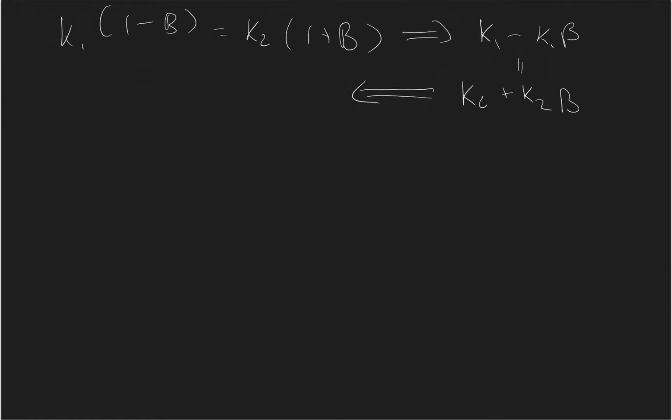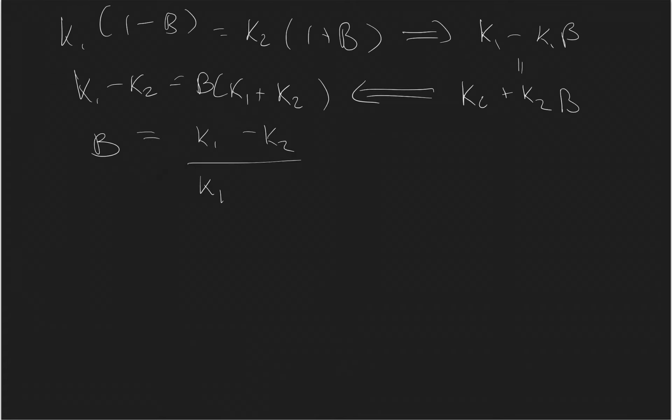We can then have k1 minus k2 is equal to b times k1 plus k2. That comes from algebraically subbing this in, and then solving for the reflection amplitude that we want. So we got b equals k1 minus k2 over k1 plus k2.